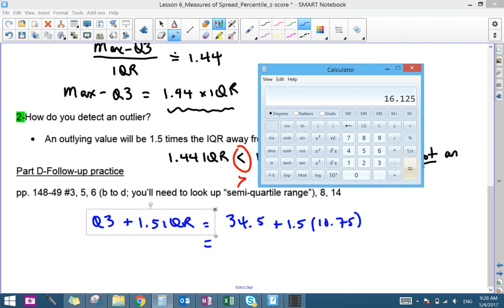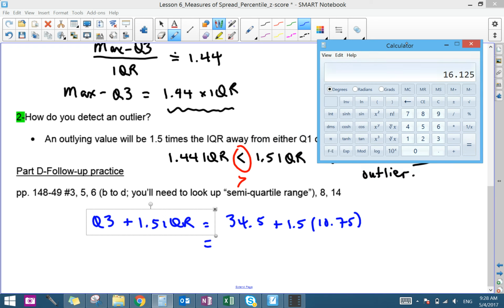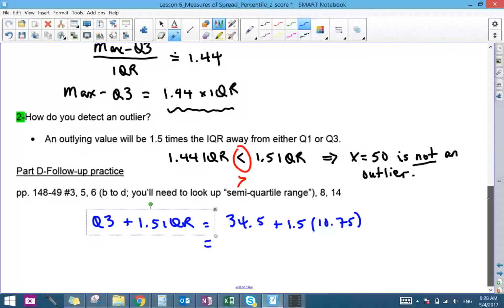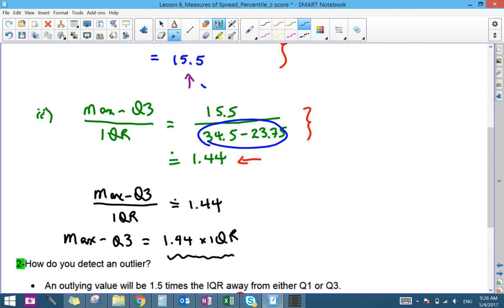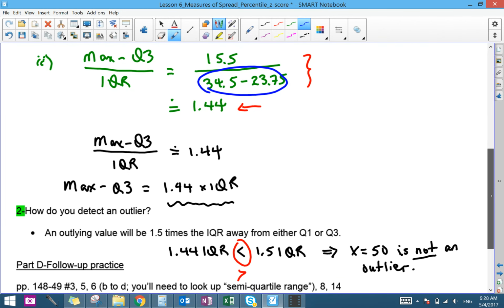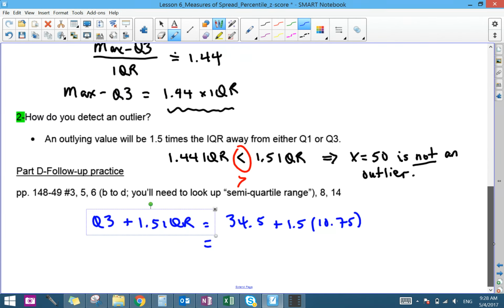So there's 1.5 IQRs, that's 16.125, which is well above the 15.5. We could conclude on the basis of that, but let's continue the calculation.